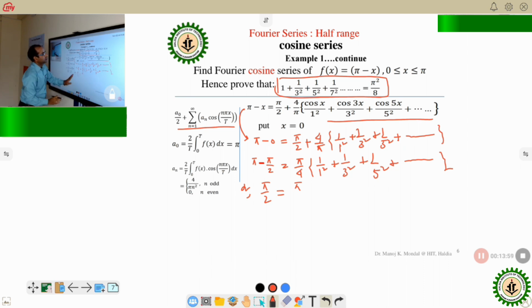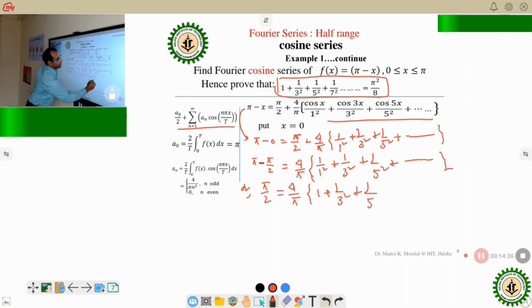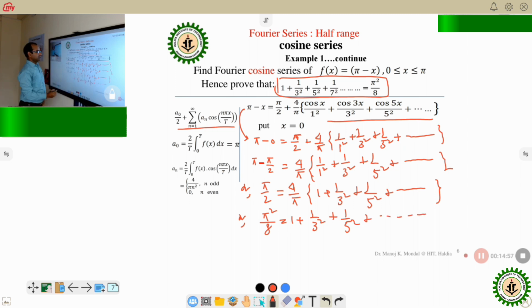4 by pi square plus this one. Now if I take this constant on this side, so it will be pi square by 8, this equal to 1 plus 1 by 3 square plus 1 by 5 square plus this one, and hence prove this one.